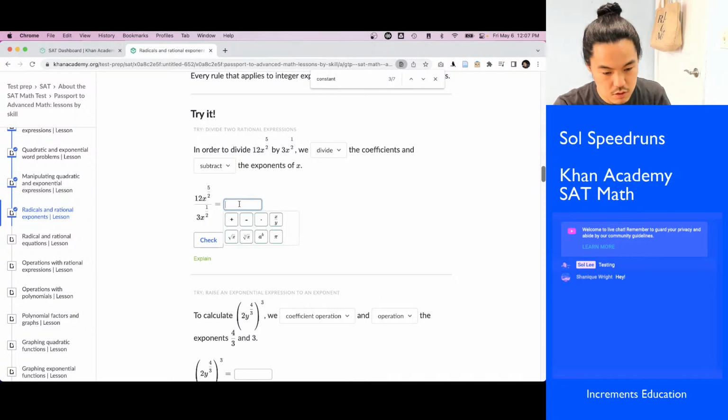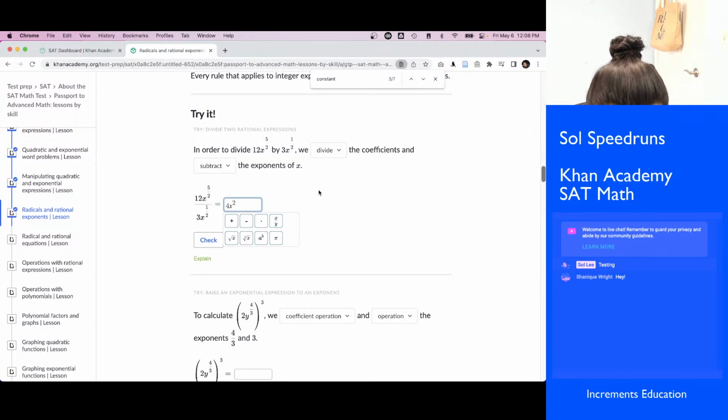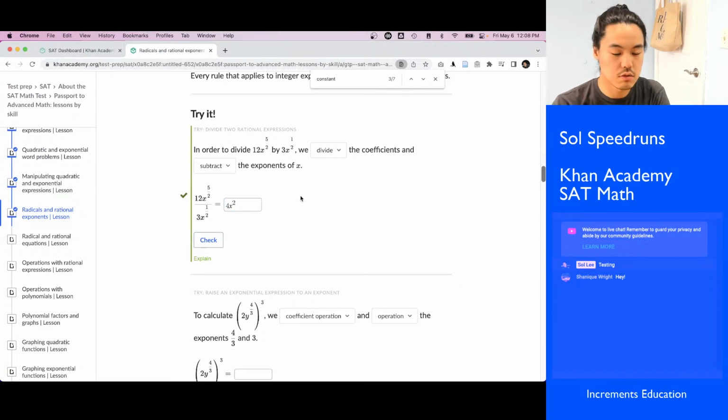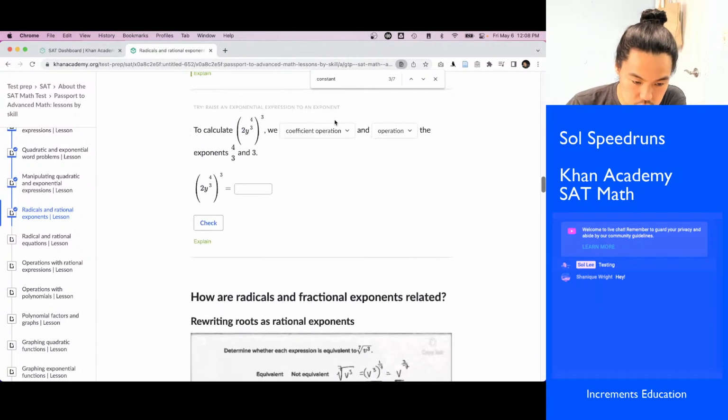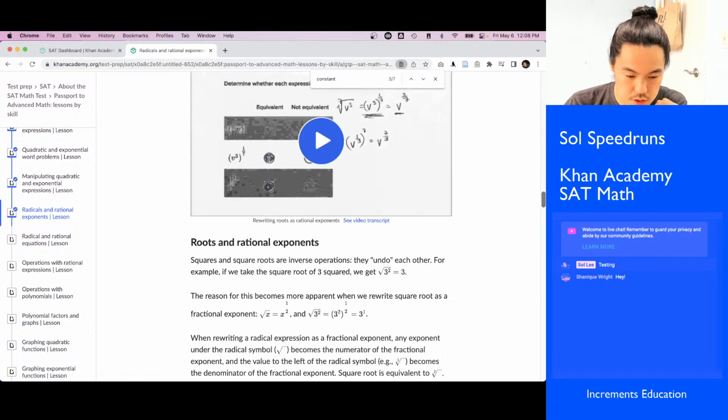So then we get 4x to the, what's, 4x cubed. Okay, yeah, so I'm good. Yeah, I'm good with these.